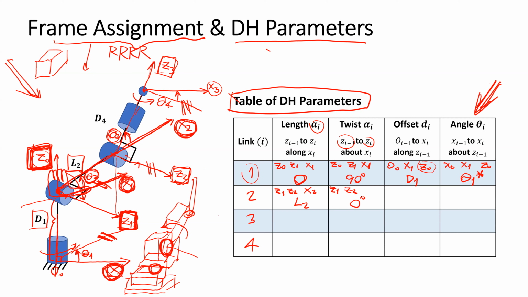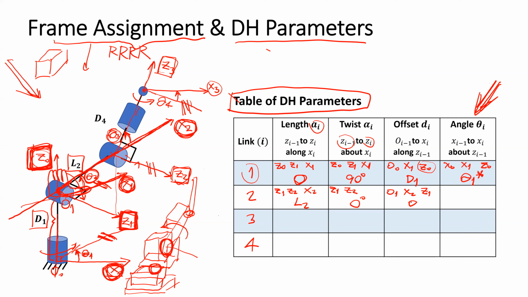The origin of the frame 1 measured to x2 along C1. The origin of frame 1 is already placed on the axis of the x2, so the offset will be 0.